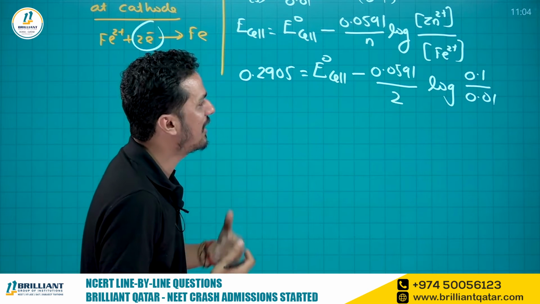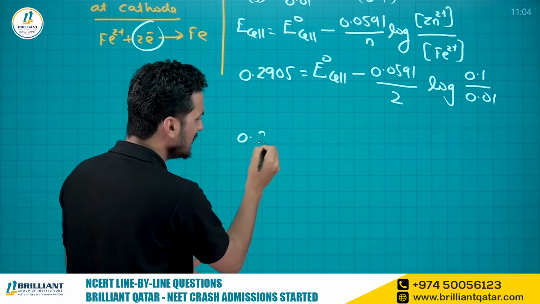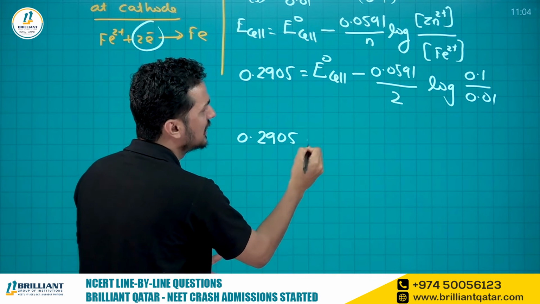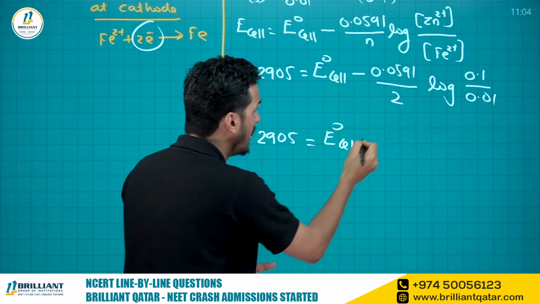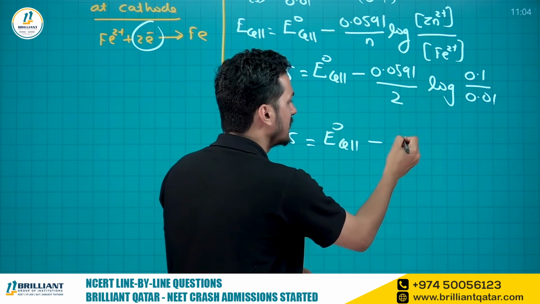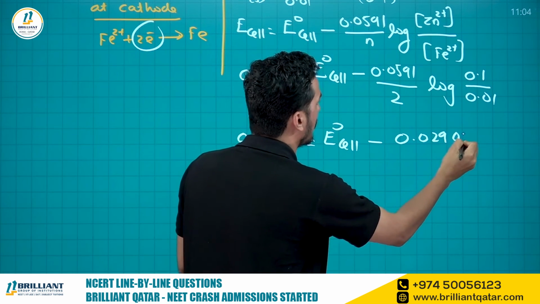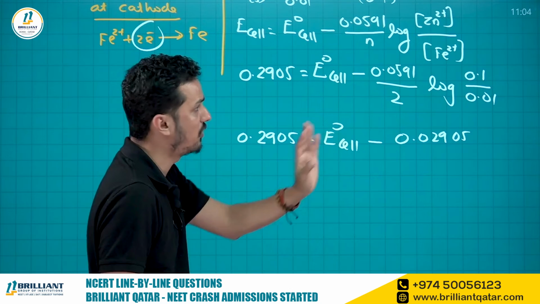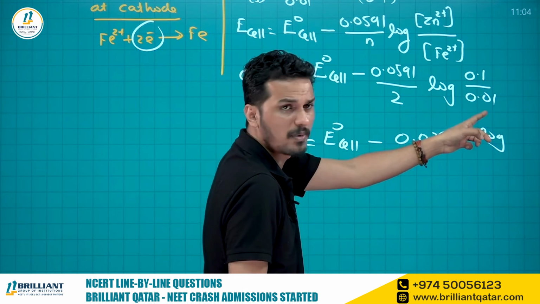So here I am going to solve it. 0.2905 equals E0 cell minus 0.0591 by 2, that is 0.02905, into the logarithm of 0.1 by 0.01.